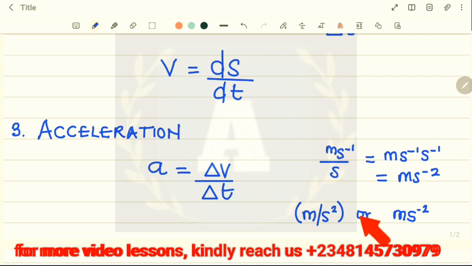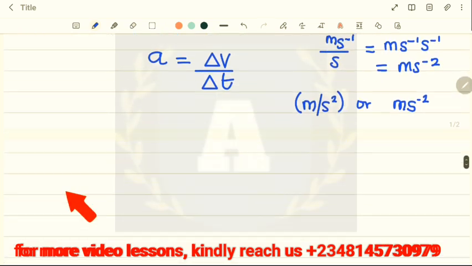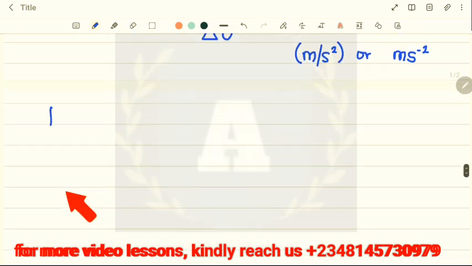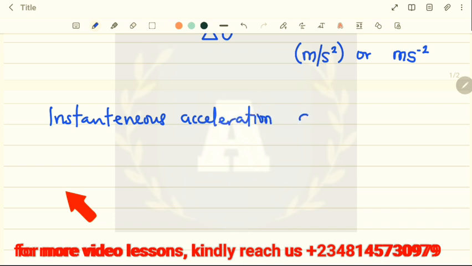For instantaneous acceleration, a with a bar, we have change in velocity over change in time at an instant of time.